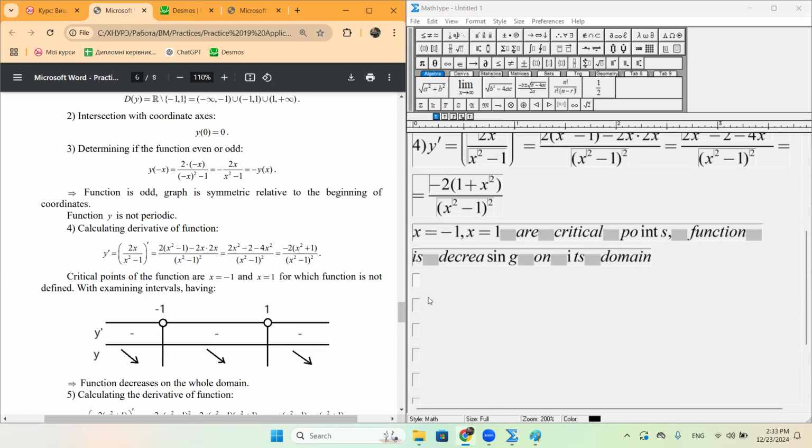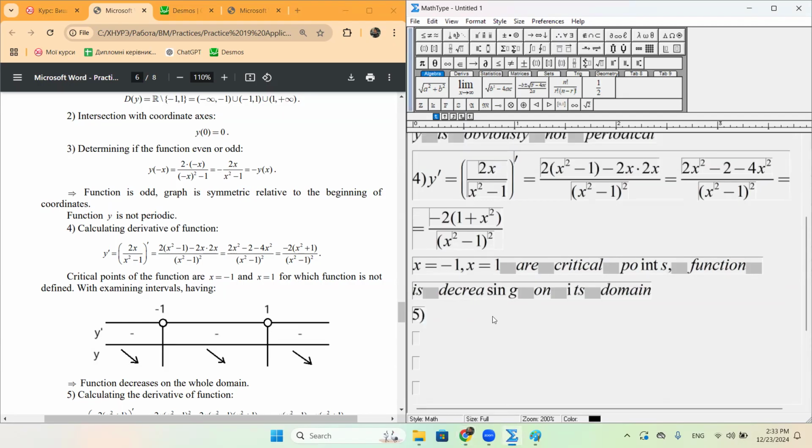So now we need to investigate concavity of this function. So we need to find the second derivative.